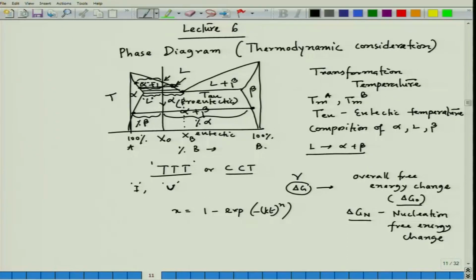So, for that reason we need to get to thermodynamics, and we need to know the free energy versus X plot for an alloy system, and in case of a pure metal system or pure system, that time we need to know the G versus T plot or G versus P plot, which is the pressure.